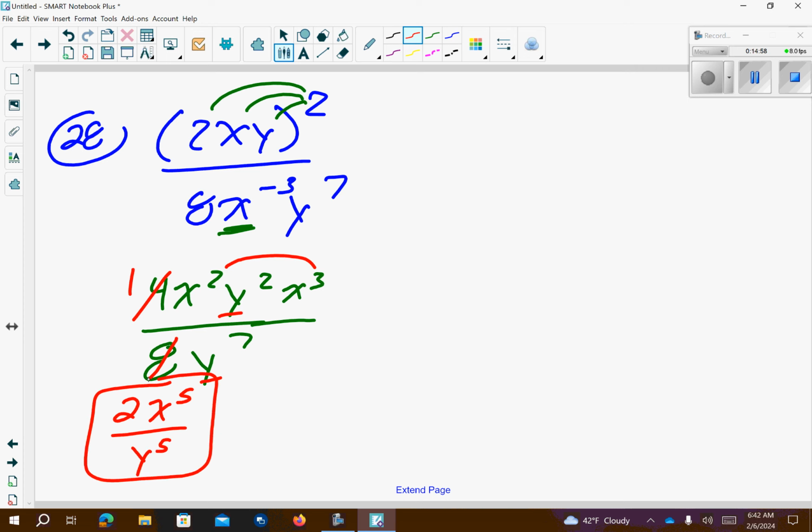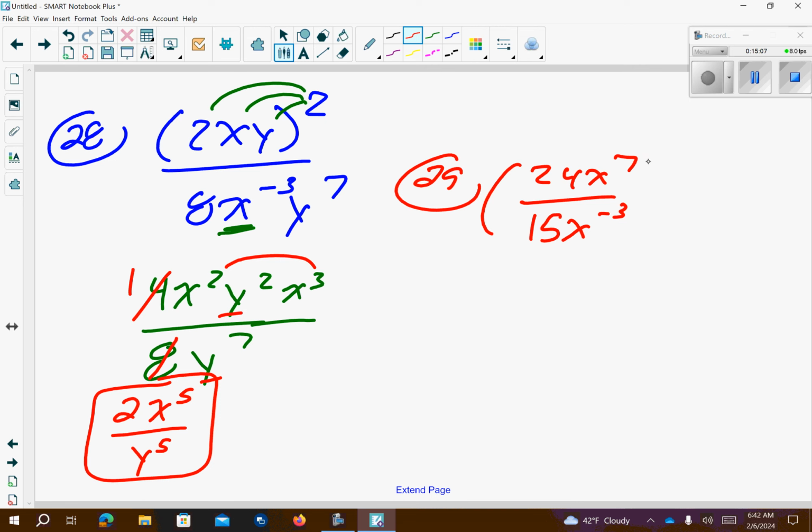Then number 29, we have 24 x to the 7th over 15 x to the negative 3 to the third. Let's reduce the fraction first. Let's see. 3 goes into 15 5 times. 3 goes into 24 8 times. And then we're going to move that up. So I'm going to get 8 over 5, x to the 7th, x to the third.